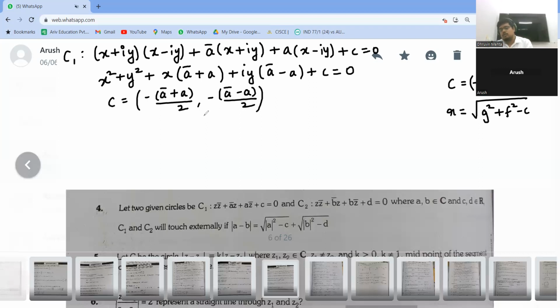This is the center of the circle. Are you following this, Arush? By 2, because the standard form is x square plus y square plus 2gx plus 2fy plus c, which has a 2 in the standard form. So for the center we always divide by 2.